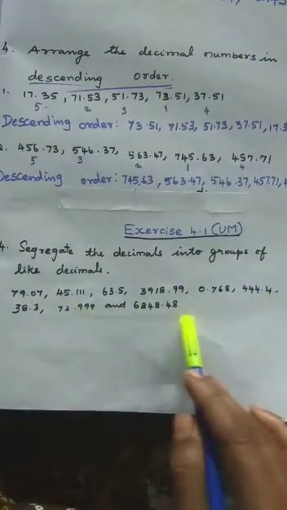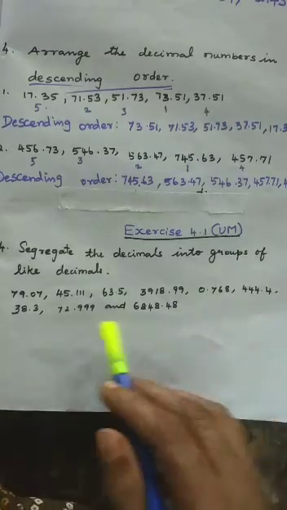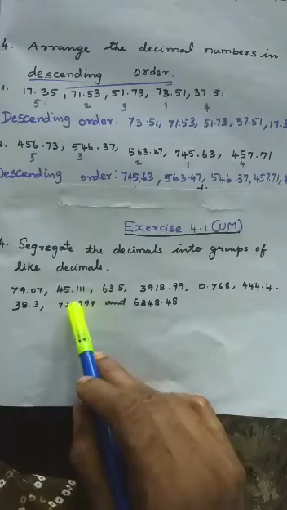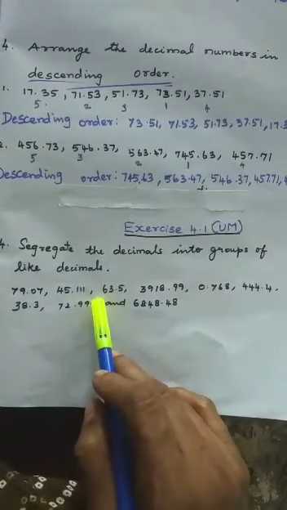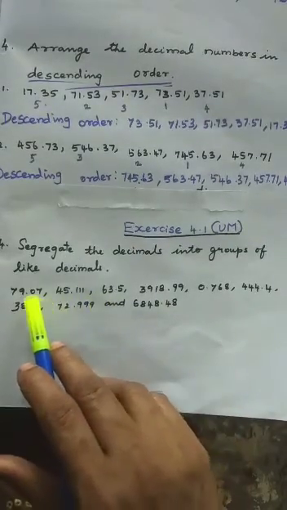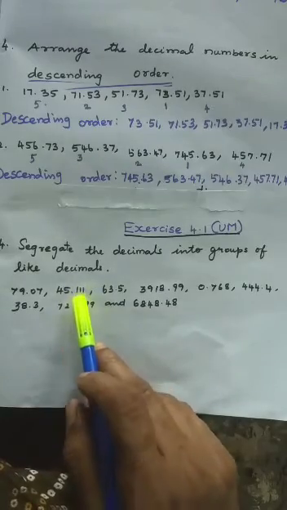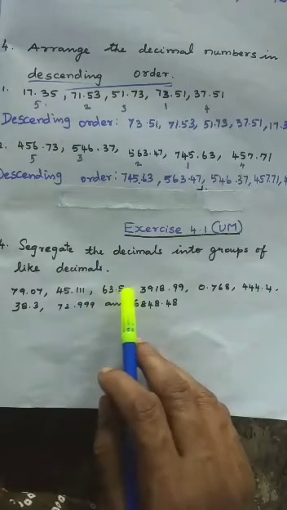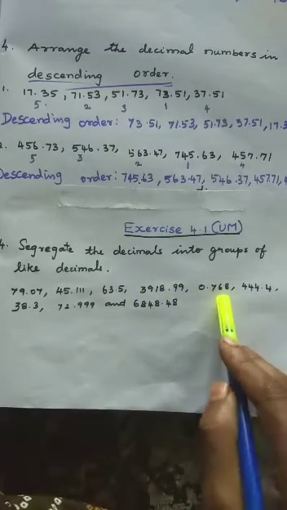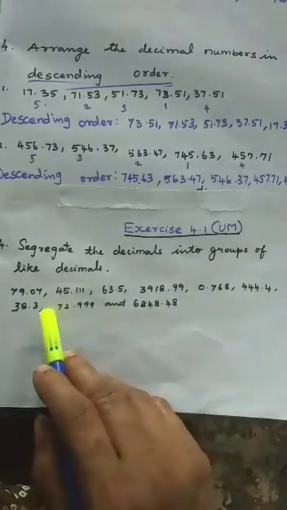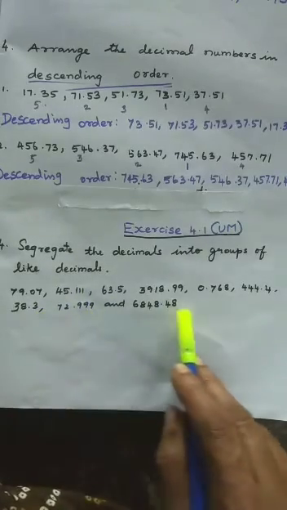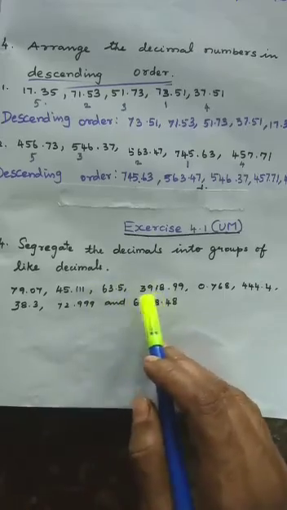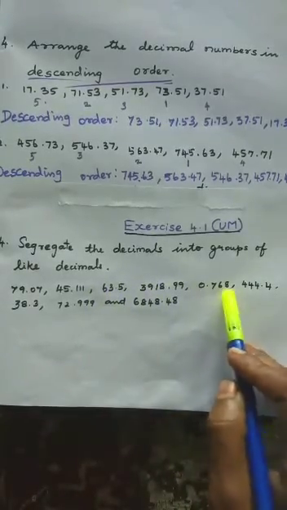To make all these numbers like decimals, see here, after the decimal point, how many digits are given. Maximum is 3. Here 2, here 1, here 2, here 3, here 1, here 1, here 3, and here 2. So the maximum after the decimal point is 3 digits.